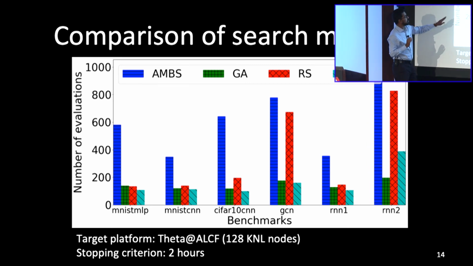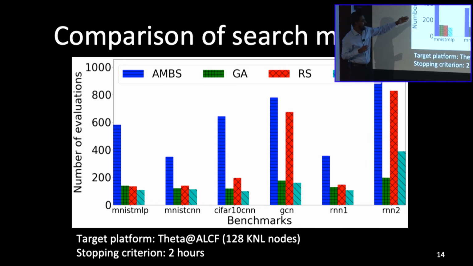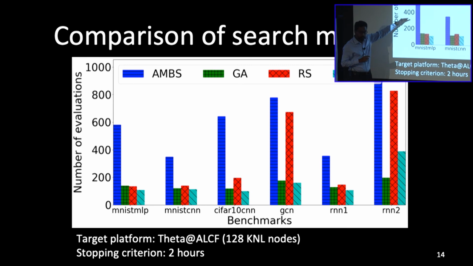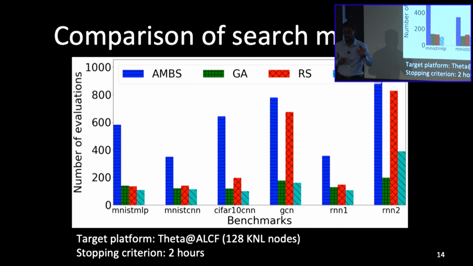Okay. So what you see here, the asynchronous model-based search, because of the asynchronicity, can perform a lot more evaluations than the other methods such as GA, random search, and hyperband.